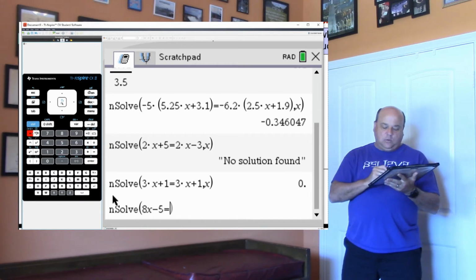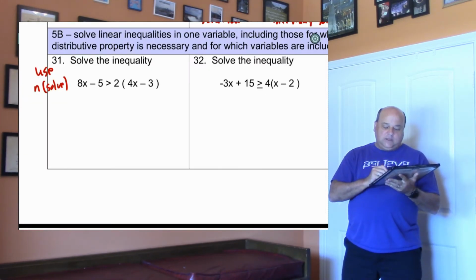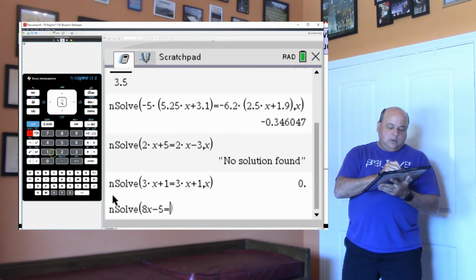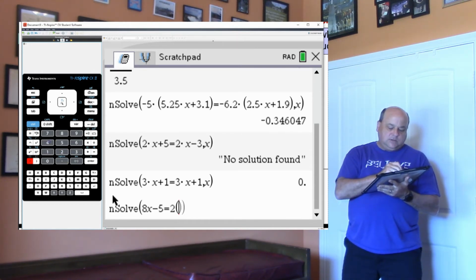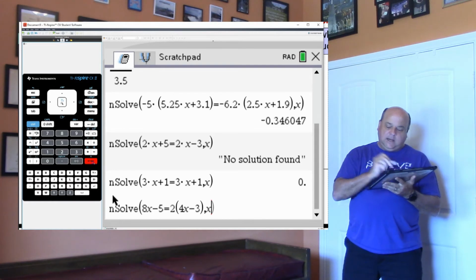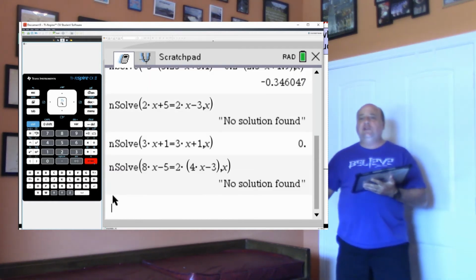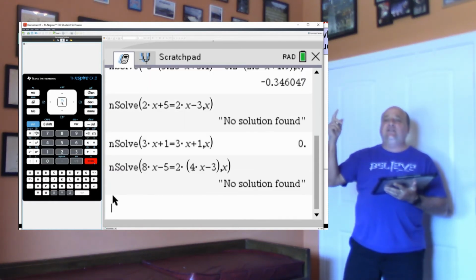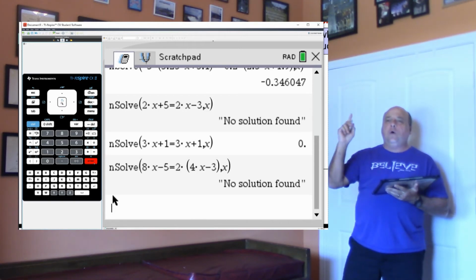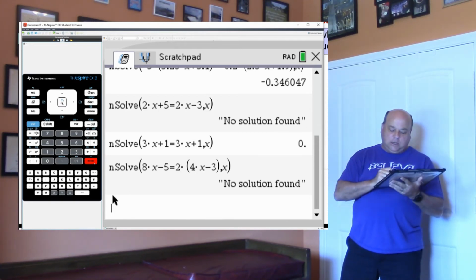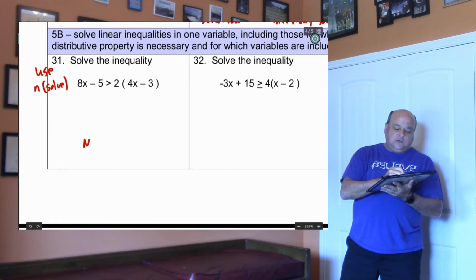You got to use equals, and then 2 parentheses 4x minus 3, close the parentheses, comma x, and then hit enter. No solution found. That means the x's cancel out. So the inequality will be false, okay? So on this one right here, it's no solution.